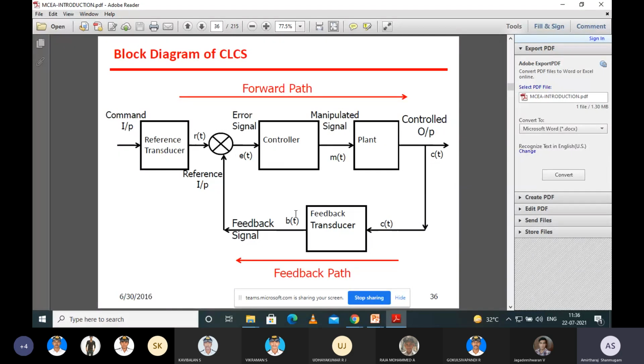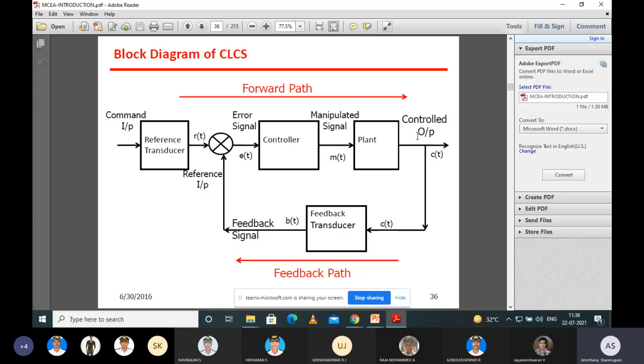Okay. To understand open loop and closed loop control systems, this is our controller. One more important block is the controller, which is also there in your open loop control system, and our plant. Now consider that in the plant, or in our process, we need to run a machine to understand the closed loop control system.